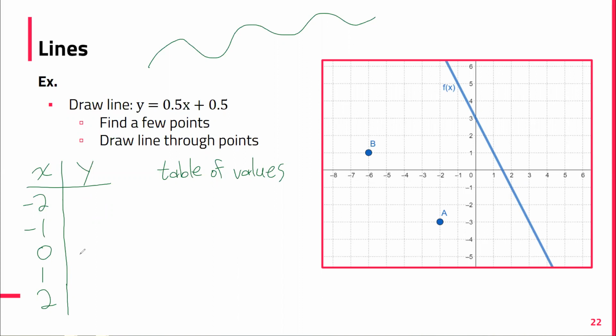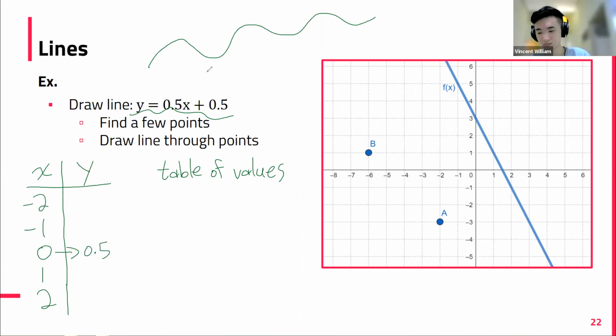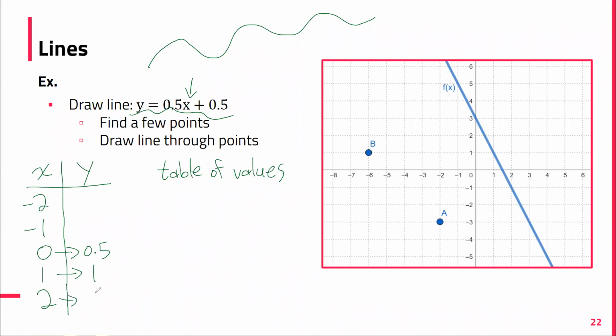Okay, let's start here with 0. Looking at this equation, if x is equal to 0, what is our y equal to? 0.5. We just substitute 0 in for the x value. When x is 1, we get 1. When x is 2, we get 1.5. And then we see the pattern here.